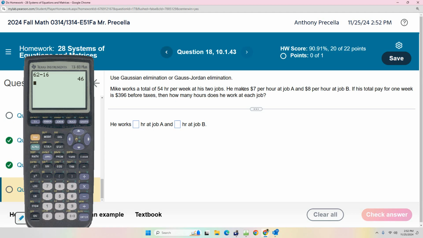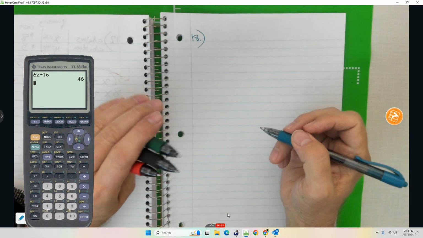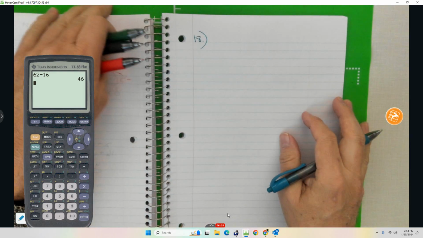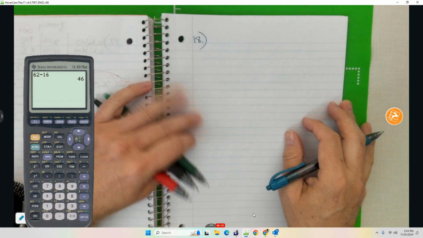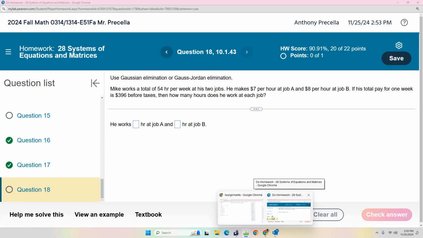What are the unknowns? Tell me what I'm going to write out. What are my unknowns? Switch to the paper. This is number 18. First thing I do is identify what I don't know. Well, he has 2 jobs and we don't know how many hours he worked at those.